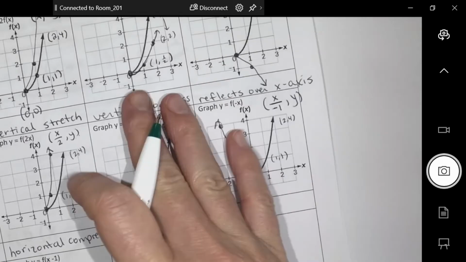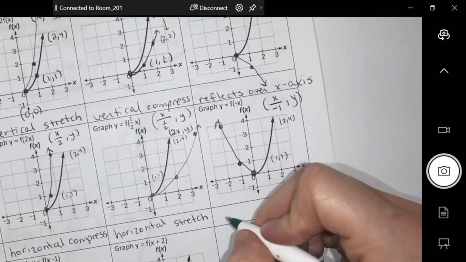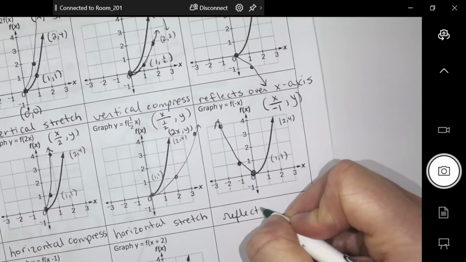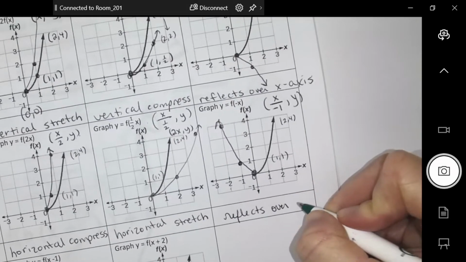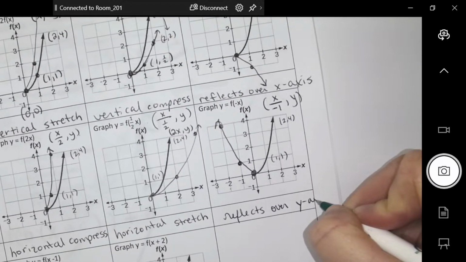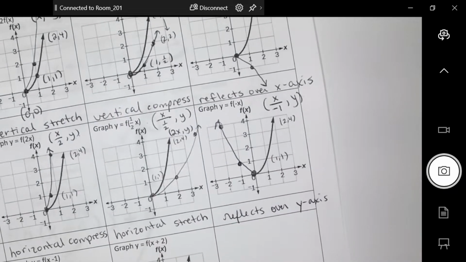So that's that reflection. It flip-flopped over. So it reflects over the y-axis. And you can also use the words horizontal reflection.